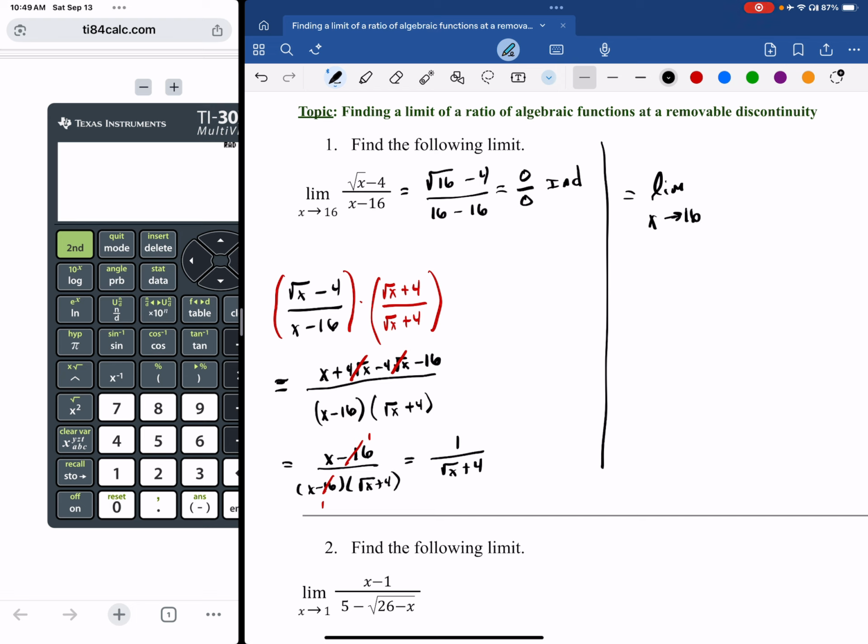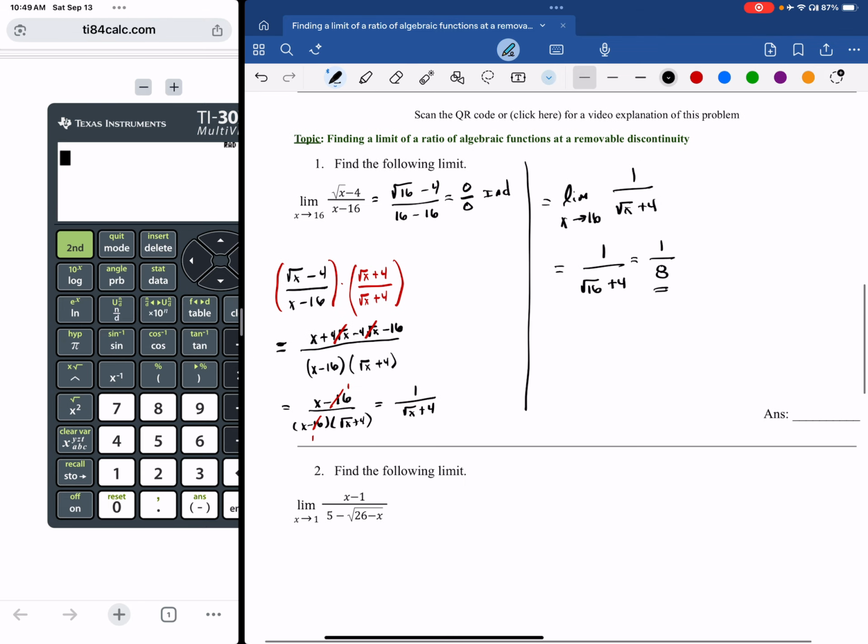Again, instead of plugging it into the original function, we're going to plug it into the simplified function, 1 over the square root of x plus 4. We're going to try the direct evaluation method just by plugging in the number. So this would be 1 over the square root of 16 plus 4, which would be 1/8. So that should be our final answer there of 1/8.